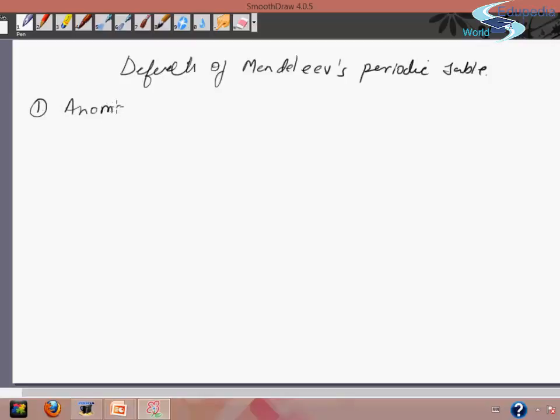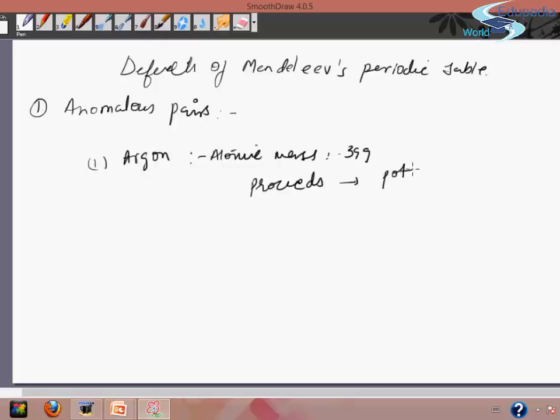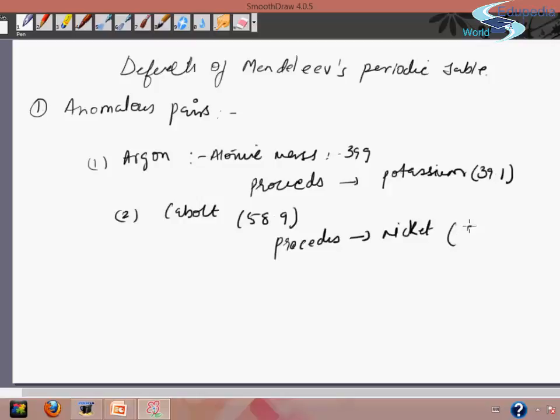First is anomalous pairs, that is, argon with atomic mass 39.9 precedes potassium with atomic mass of 39.1, and cobalt with atomic mass 58.9 precedes nickel of atomic mass 58.6.